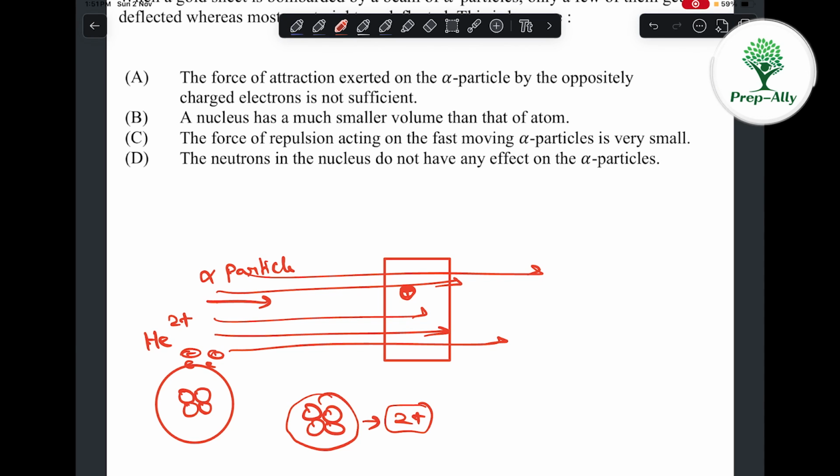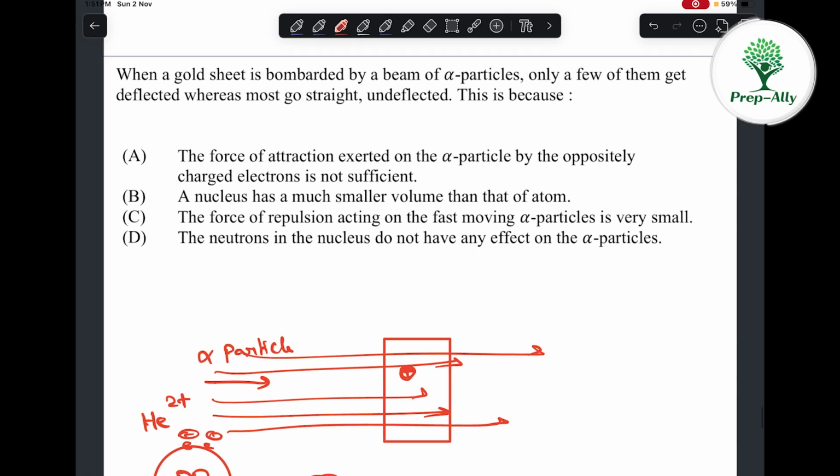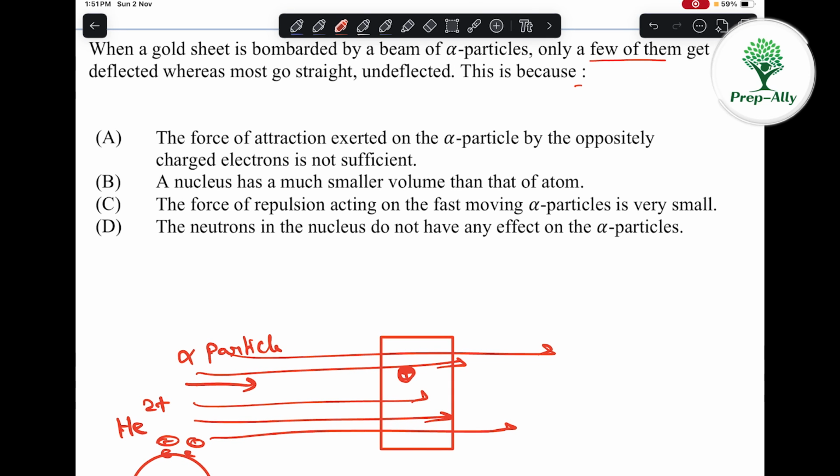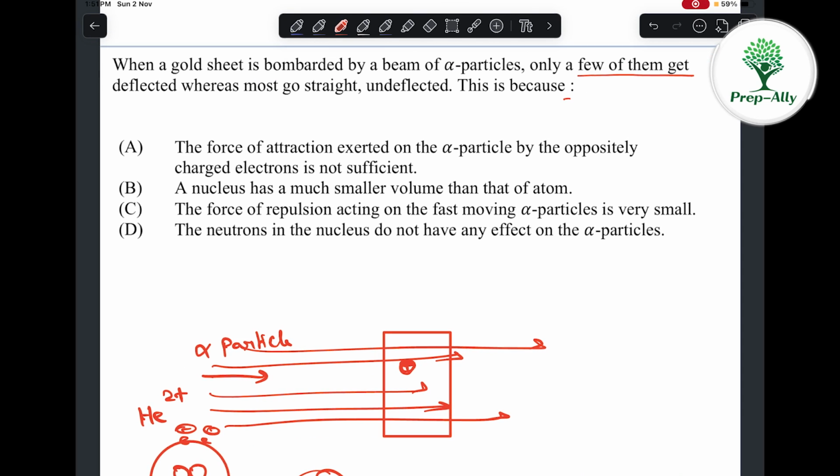Which means the nucleus is very small in volume, so it can't meet. So only a few of them get deflected. The exact reason for this: the nucleus has a much smaller volume than that of the atom.